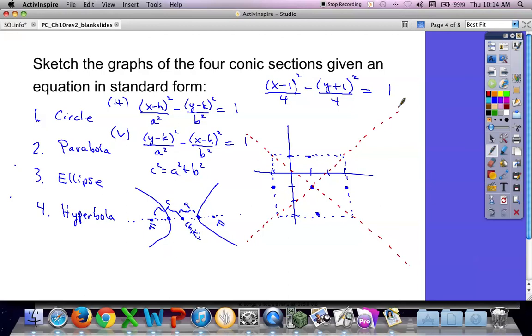Okay, at that point, you need to remember that you said that this was horizontal. So it means start at these 2 points and draw the 2 branches opening up to the left and to the right. Not up here, because it's not vertical. Start here and draw it so that each one is approaching the asymptotes.